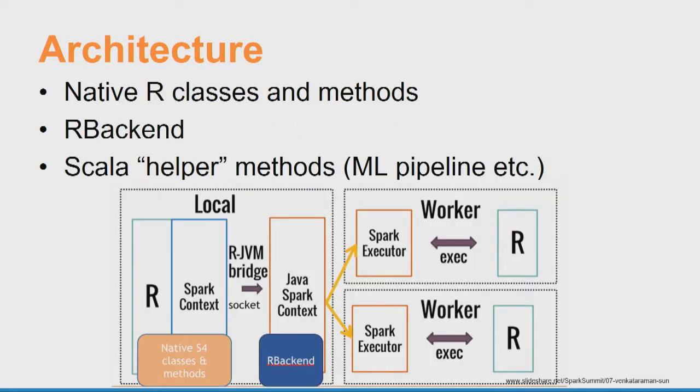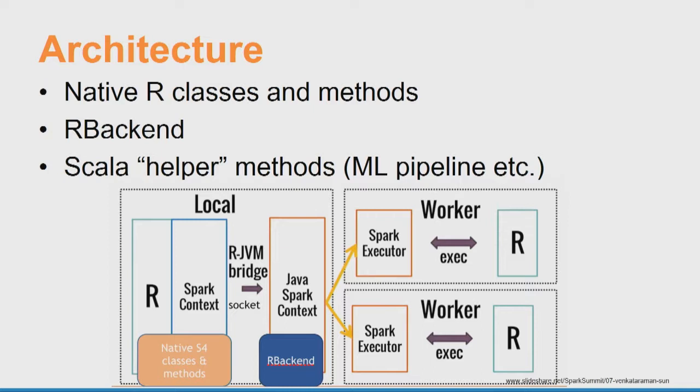So in terms of architecture, SparkR essentially is 3 different pieces coming together. The first part is the native R classes, the methods you interact with when you're using the package itself, the classes and methods you call into. There is also an RBackend, which actually is implemented in Scala. It runs in the JVM process itself.